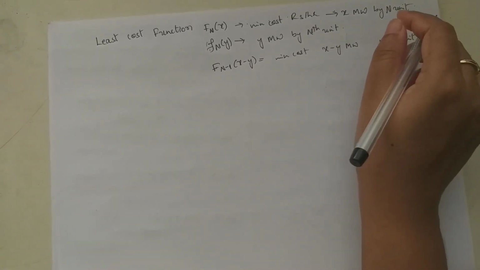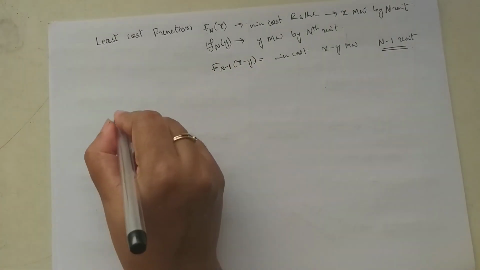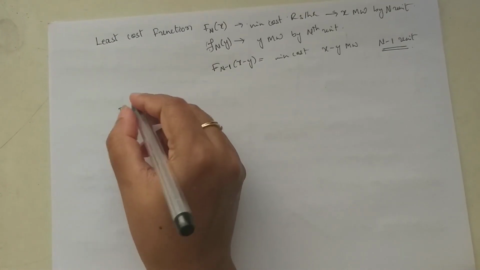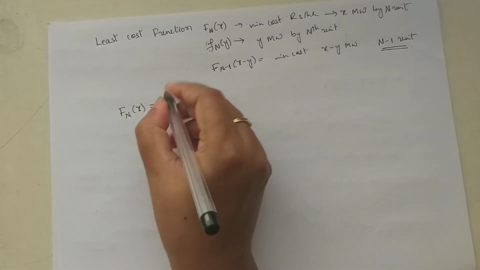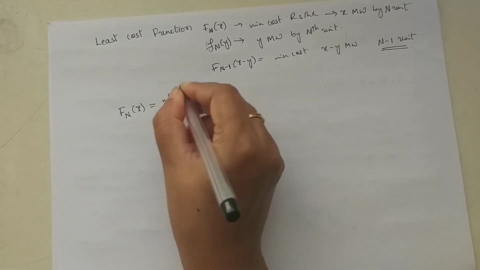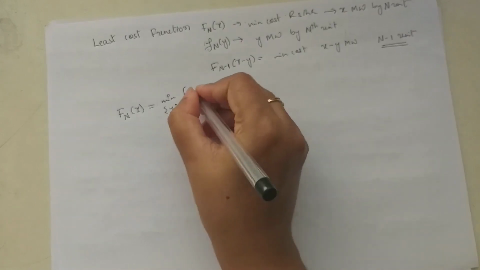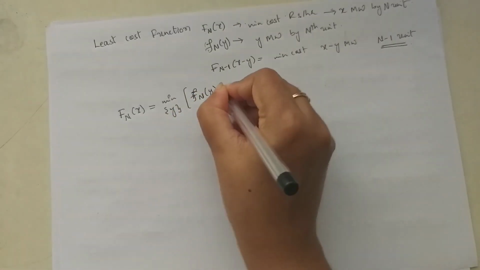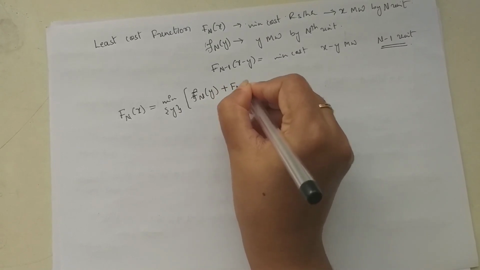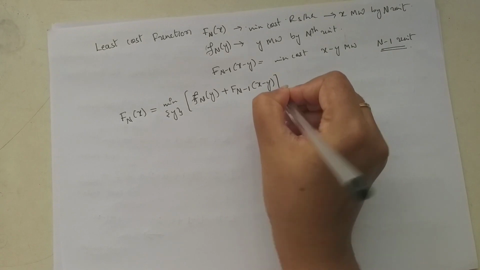The recursive algorithm is used to compute the minimum cost here. The recursive algorithm goes like this: fn of x is equal to the minimum of fn of y plus fn minus 1 of x minus y.